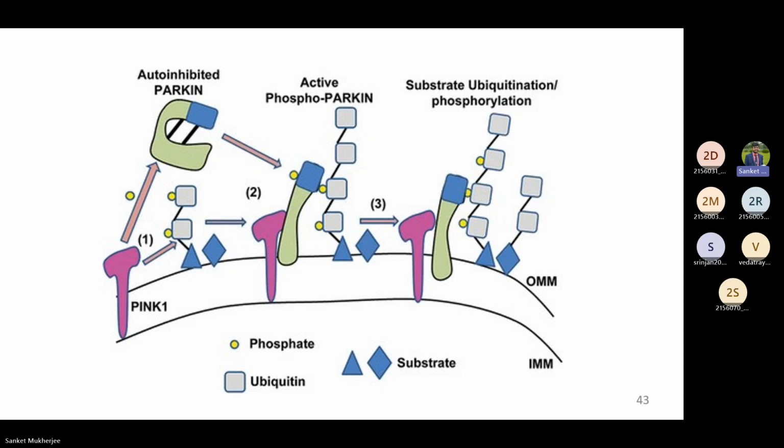But if PINK1 is phosphorylated, it activates Parkin. Phosphoparkin is active, and it goes on ubiquitinating. These boxes are ubiquitin moieties. It goes on ubiquitinating the membrane proteins present in the mitochondria, which leads to degradation, as some of you already pointed out.